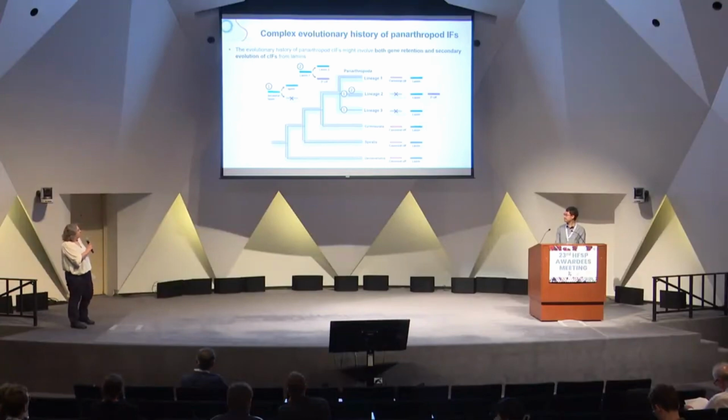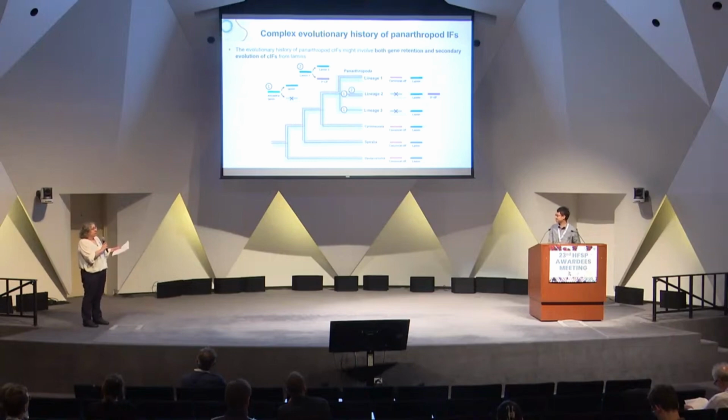Do you think it's possible that they have gained another protein that was doing this role, and that's why it was lost? Yes. You mean, is it possible that cIF was replaced by another intermediate filament before it was lost? It's possible, actually. I know a case in Drosophila.